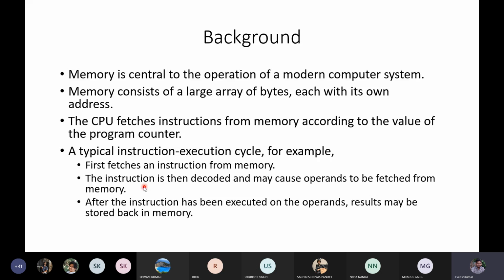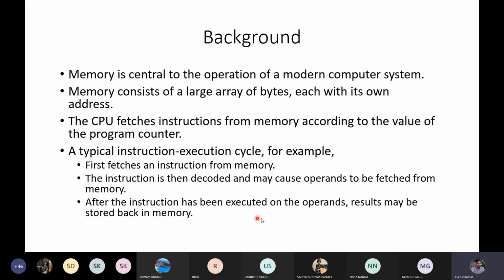The instruction is then decoded and causes the operands to be fetched from the memory. After the instruction is executed on the operands, the results are stored back in the memory. After that particular program is executed, the output, the result, is again stored back in the memory.